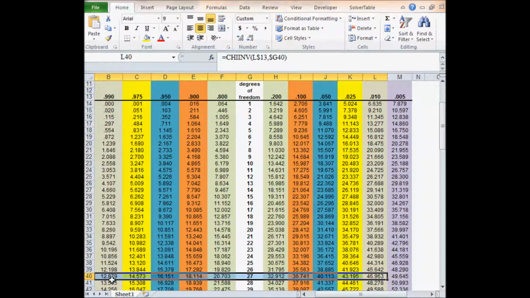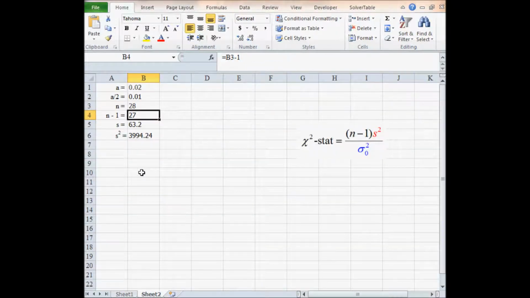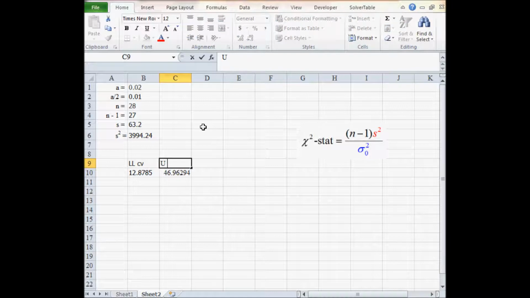So my lower critical value is 12.879. My upper critical value is 46.963. I'm going to copy those values and paste them in my Excel worksheet. So this right here is my lower critical value, and this is my upper critical value.